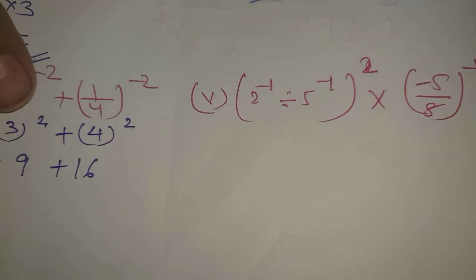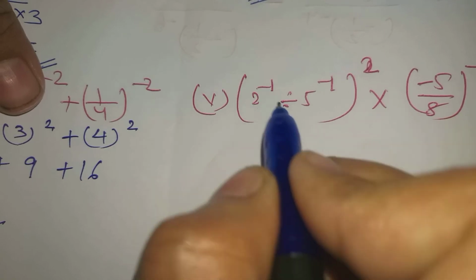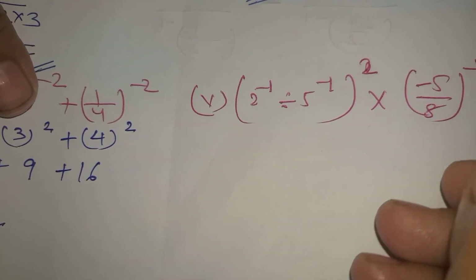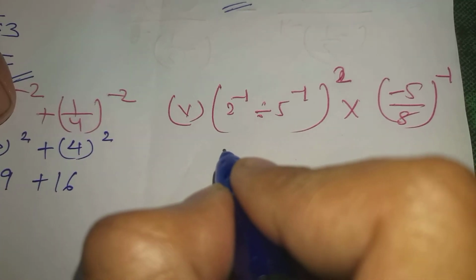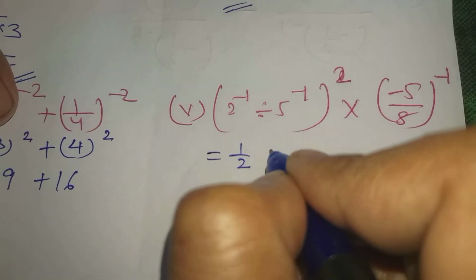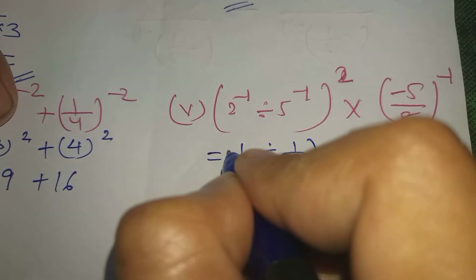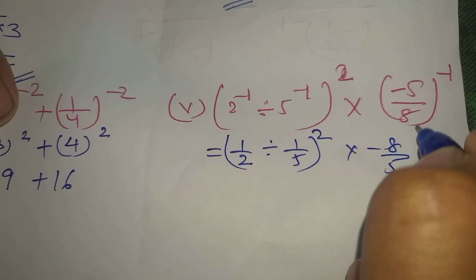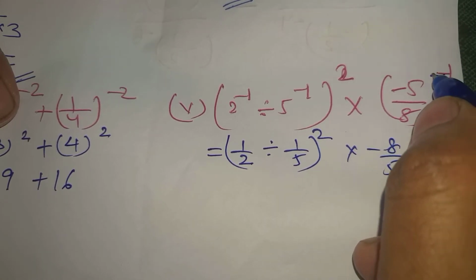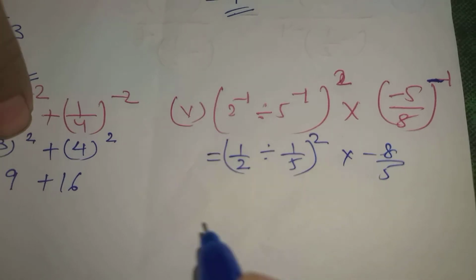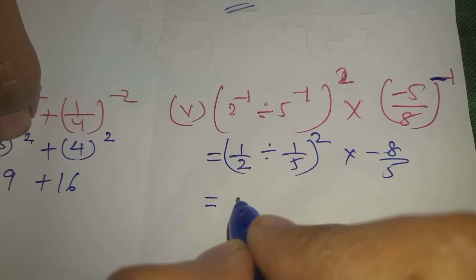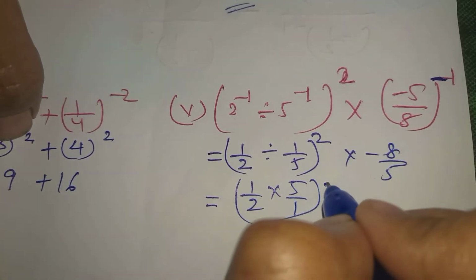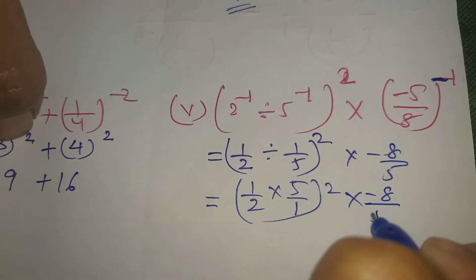So look at question number 5. It is 2 to the power minus 1 divided by 5 to the power minus 1 square, minus 5 by 8 to the power minus 1. Then 2 to the power minus 1 will be 1 by 2 divided by 1 by 5 square, into minus 8 by 5. We have taken the reciprocal as minus is given here. Now 1 by 2 into 5 by 1 square into minus 8 by 5.